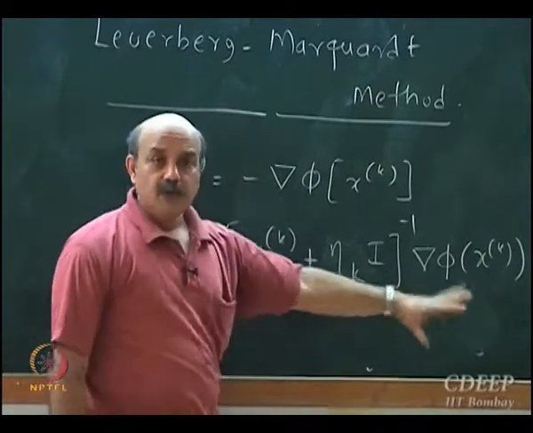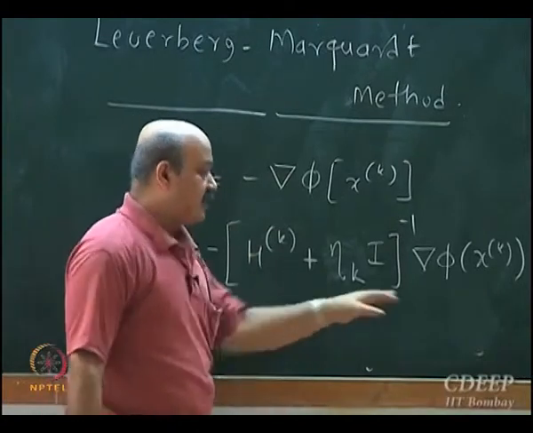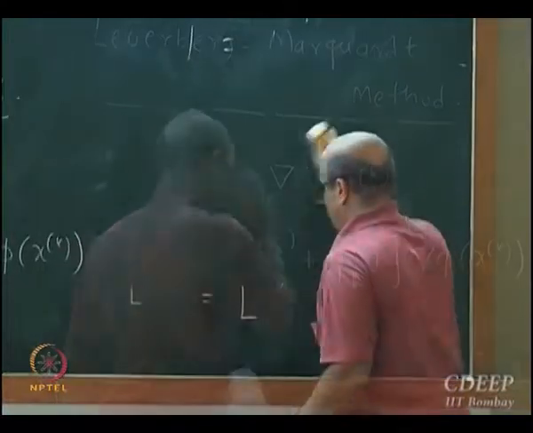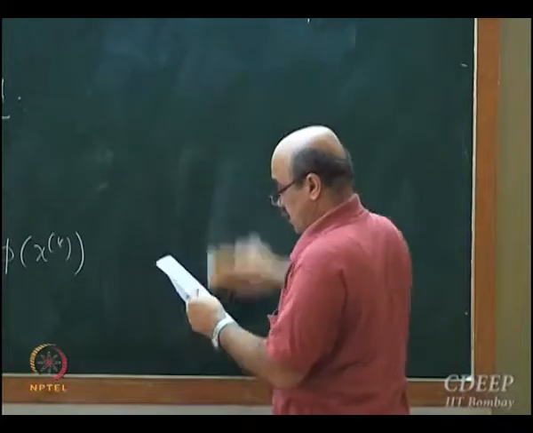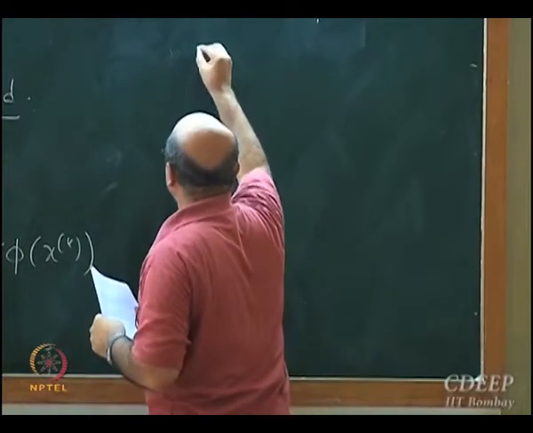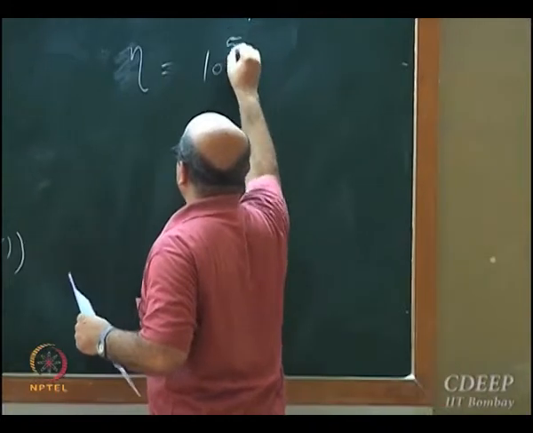So what we do is, we start with this neta to be very large. You start with a large value of neta, say 10 to the power 5 or something.